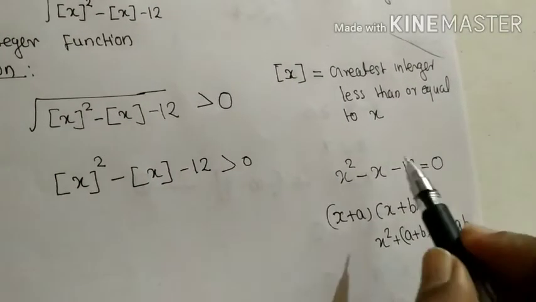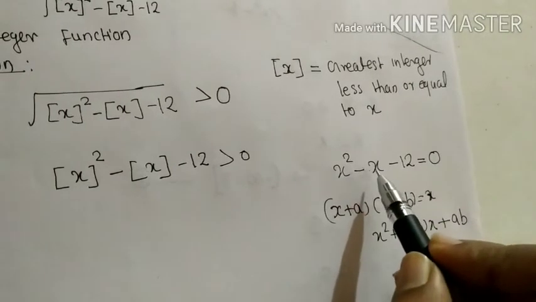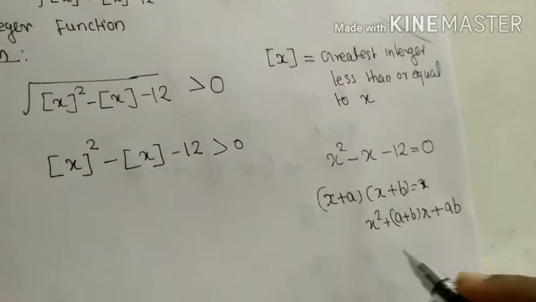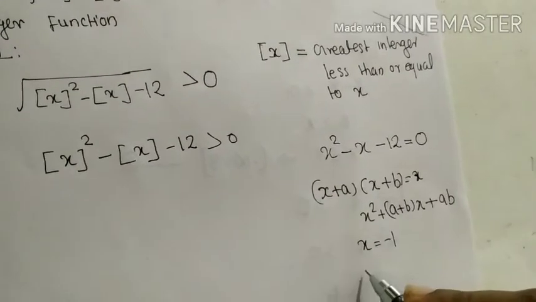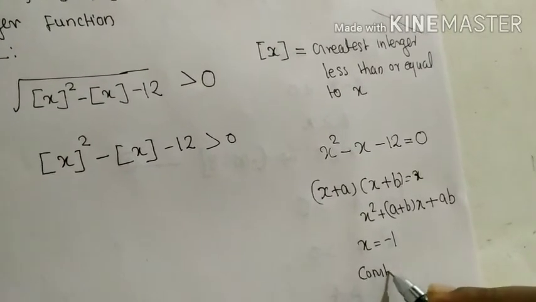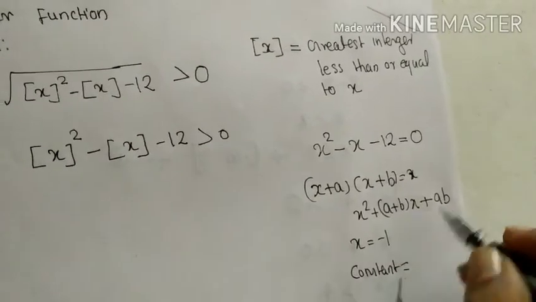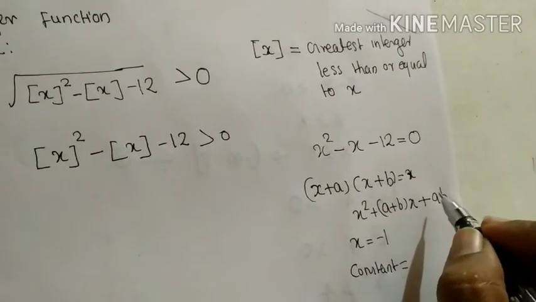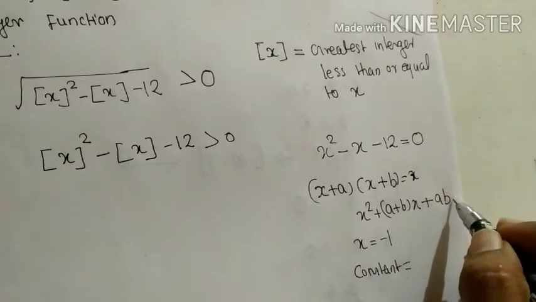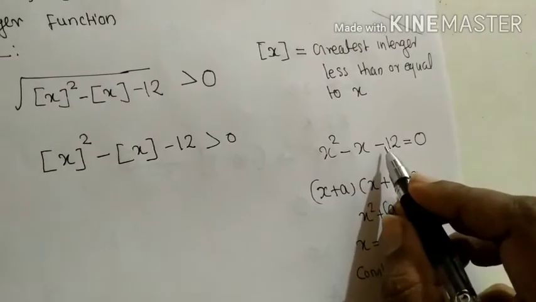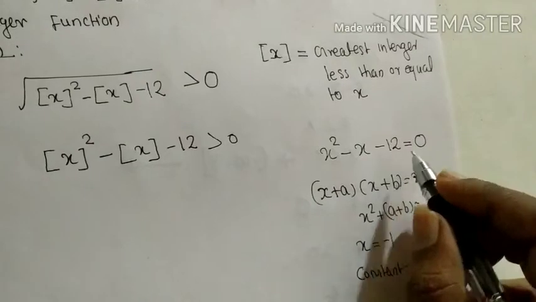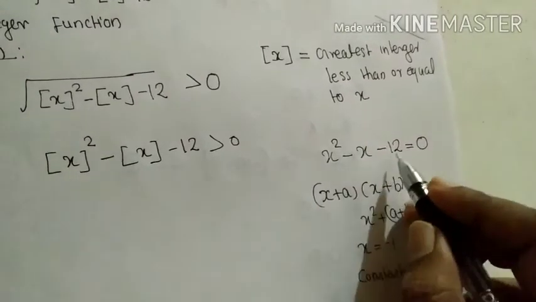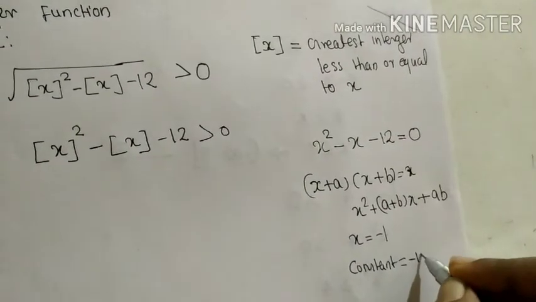Note that here the coefficient of x is minus 1 and the constant term, the term which is independent of x, is minus 12.